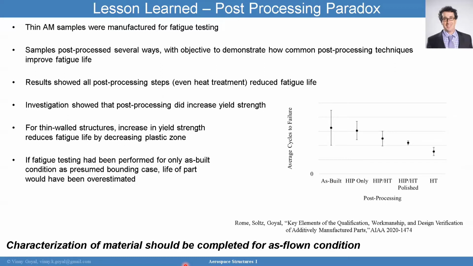So this was saying, hey, test like you fly. If you have a HIP and heat treated part, test those. You can also see how much scatter there was. The polishing really reduced the scatter. Every post-processing step made it more consistent.